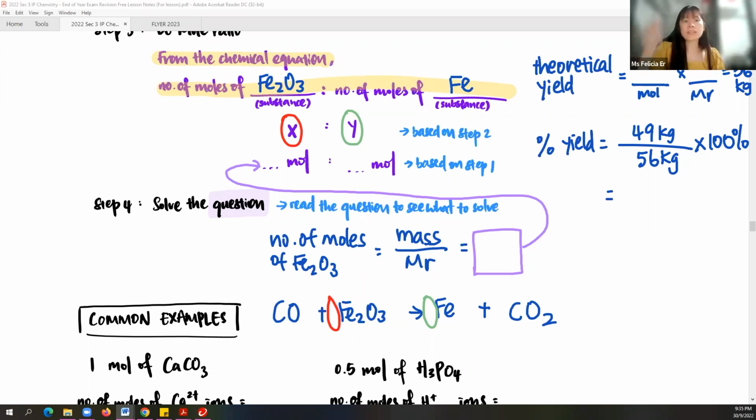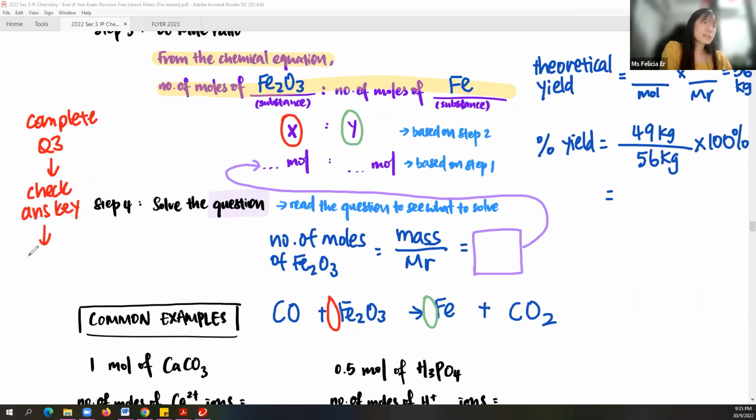Then for those of you who are fast, you can move on to the next MCQ, question number 4. I repeat, your instruction is to complete question number 3, check the answer key for your answer, and if done, raise hand, then move on to question 4 while waiting for the rest to finish.